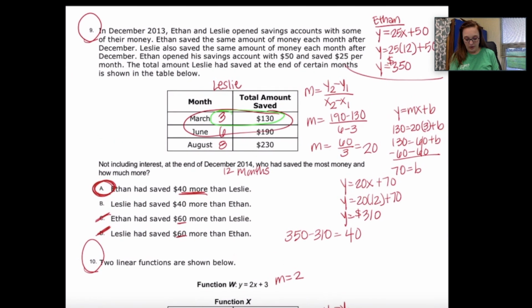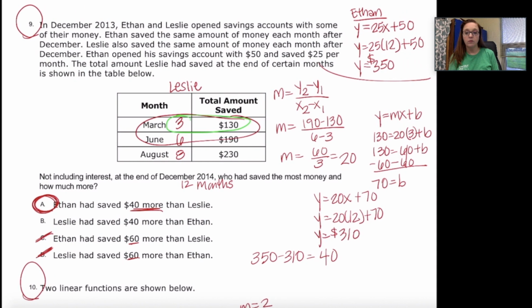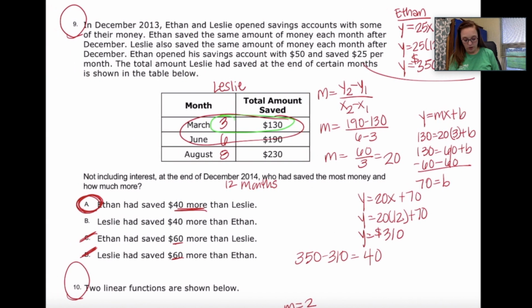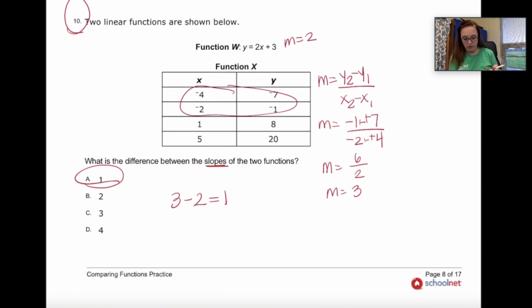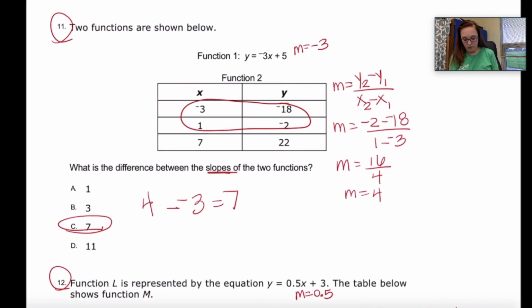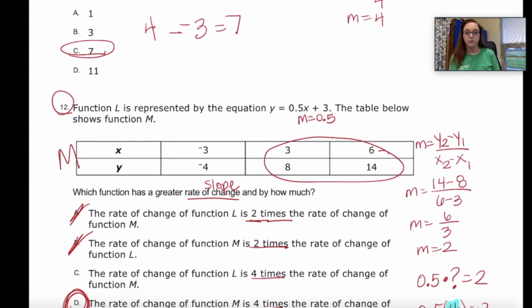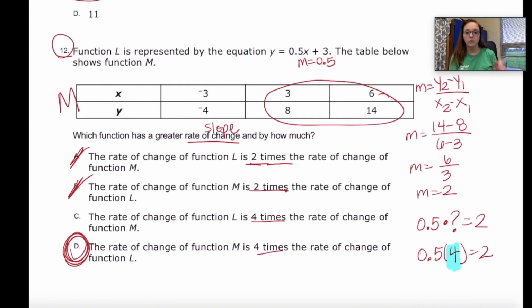There's 9. Let me zoom in on 9. Okay, I'm going to slide it up so you can get 10. There's number 10. There's 11. 12.